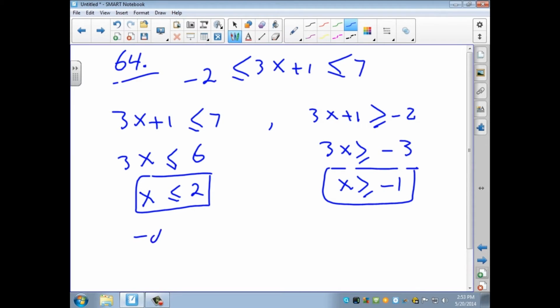That means it goes from minus infinity to 2 with a bracket, right? It is less than 2, so it's to the left of 2. And here is x greater than or equal to minus 1, so you start at minus 1 and you go toward infinity. That's the answer. So this or this, you put a union symbol in the middle of it. That would be your answer.